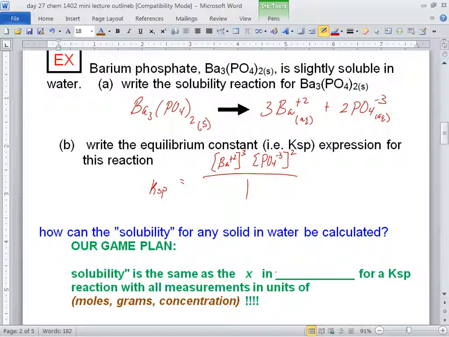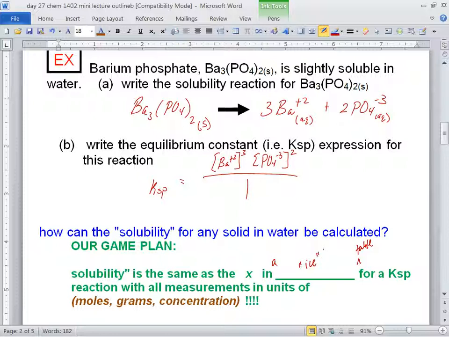We're writing a reaction. Ice table, right? So you're writing a reaction, then you have to make this ice table, right? I should probably have the word table after this. The x in an ice table, for a KSP reaction.